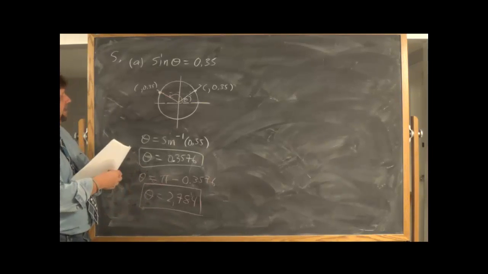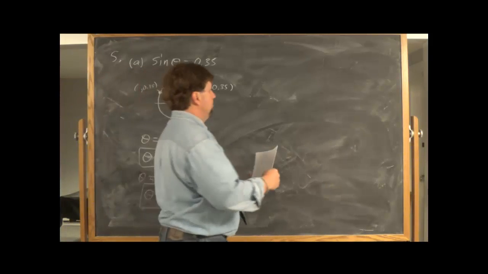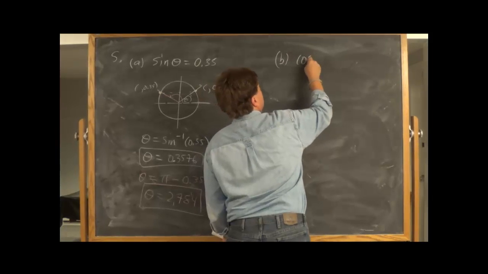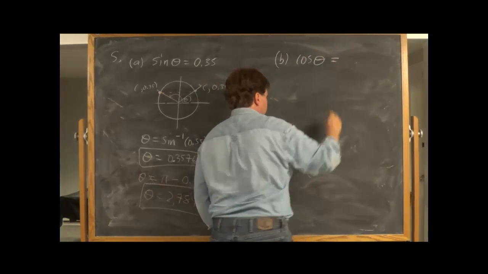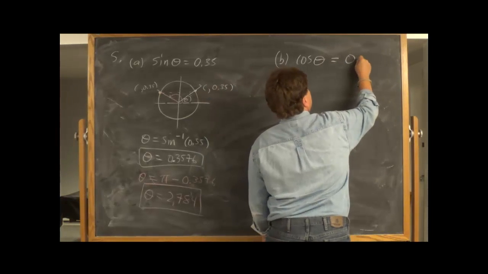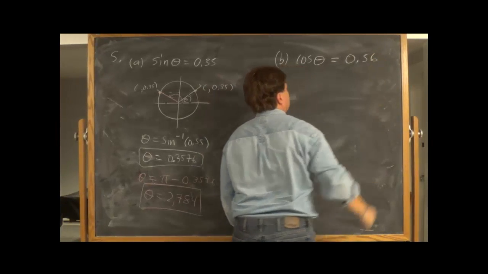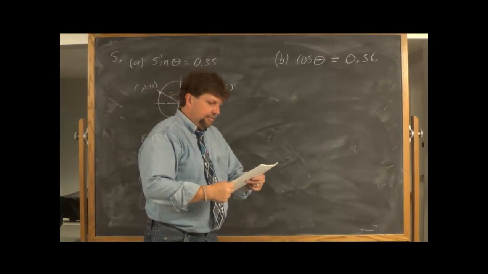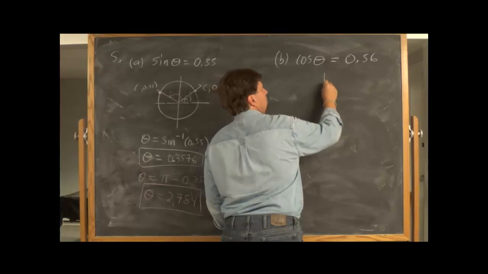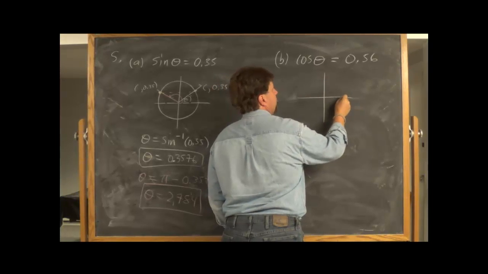Part B, I think I have enough room over here for part B. Cosine theta is 0.56. Yes, again, I'm going to bring it back to the unit circle. Let me sketch again a quick unit circle.